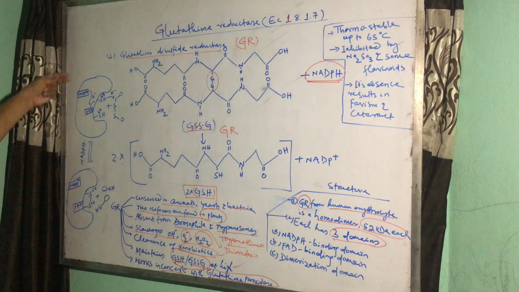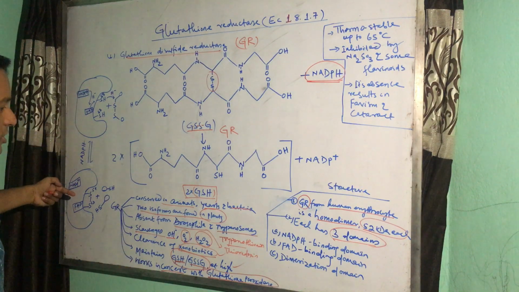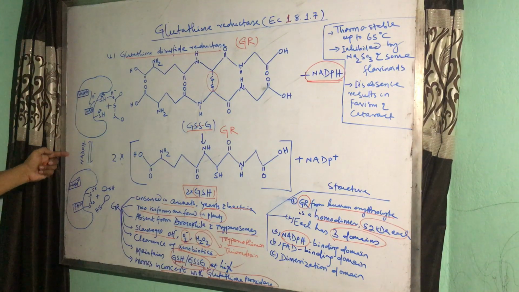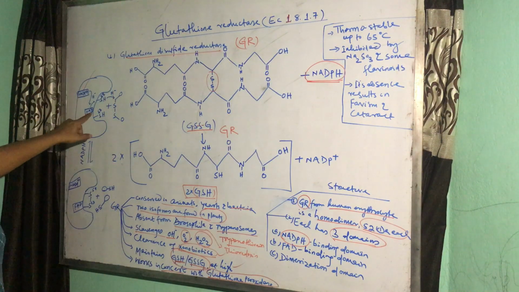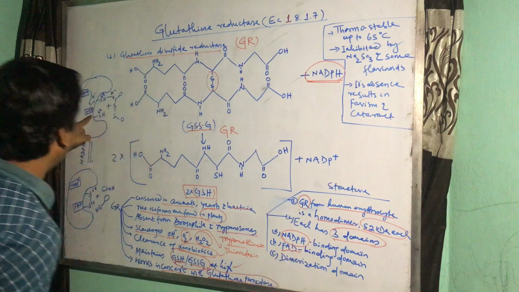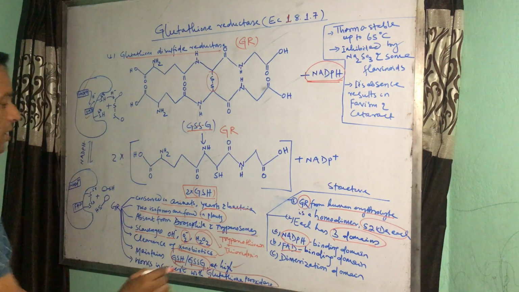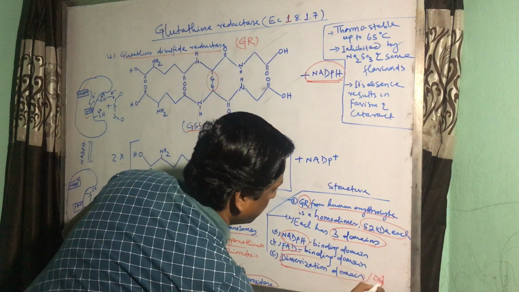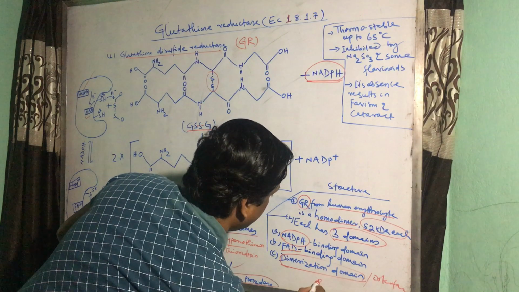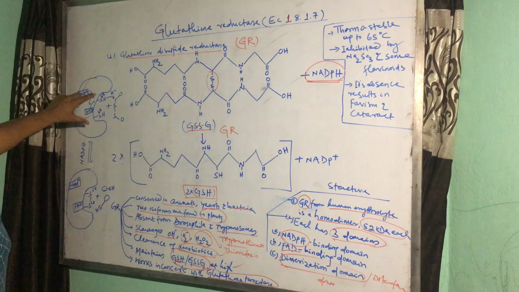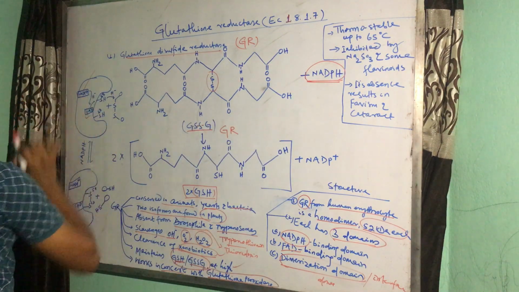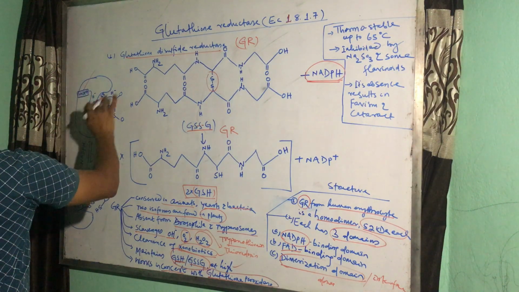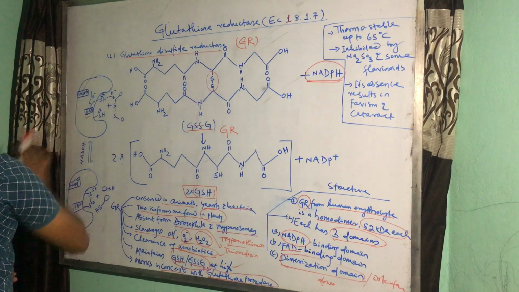Here we can see together in the structure that it has an NADPH binding domain, this one, and one FAD binding domain, this one, and one dimerization domain, which is also called the interface domain. This domain is responsible for catalysis. The overall structure is given here.